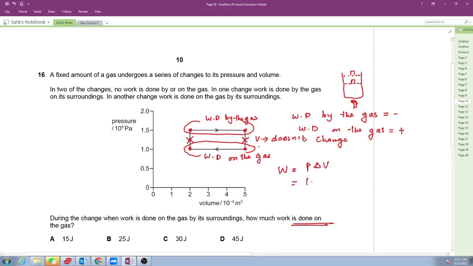The pressure is 1.0 times 10 power 5, times the change in volume, 5 minus 2 times 10 power minus 4, and we get 30 joule. So our correct answer is C.